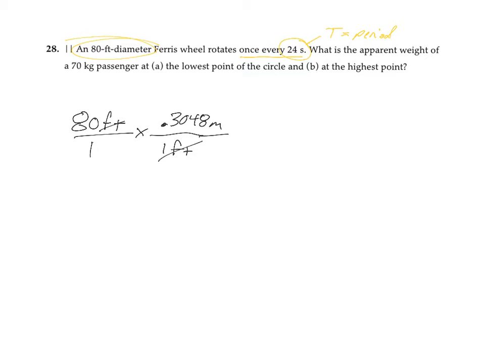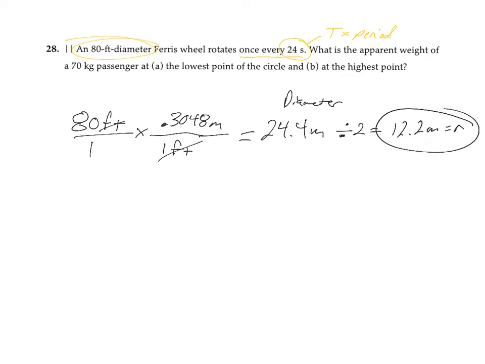Feet goes away, so it's 80 times 0.3048, and I get 24.4 meters. But careful, this is diameter. So let's divide by 2 to get radius. So let's call this 12.2 meters equals radius.